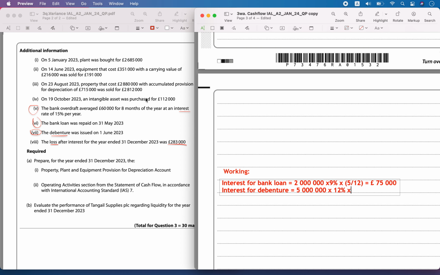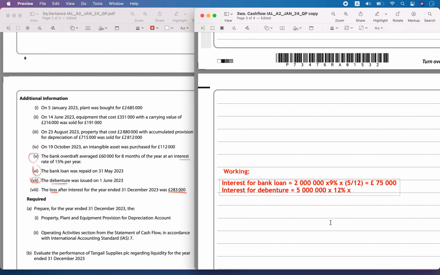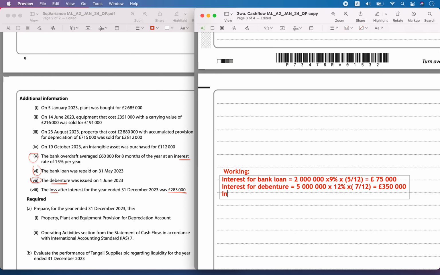It was issued in June, so the interest is from June to December, because these people close their books in December. June, July, August, September, October, November, December: you will pay for 7 months. So that is going to be equal to 350,000 pounds.